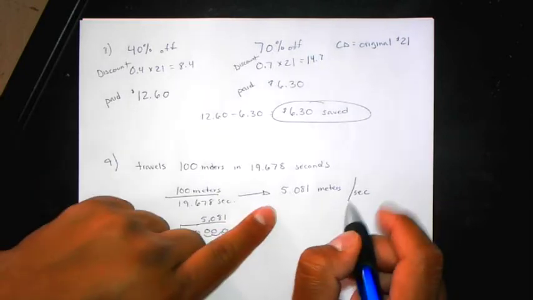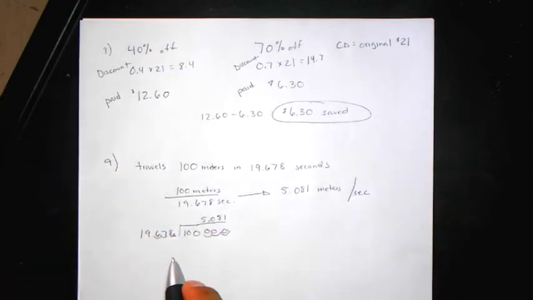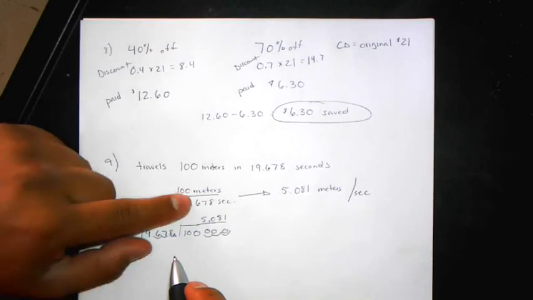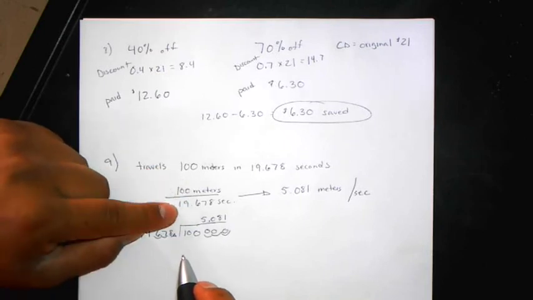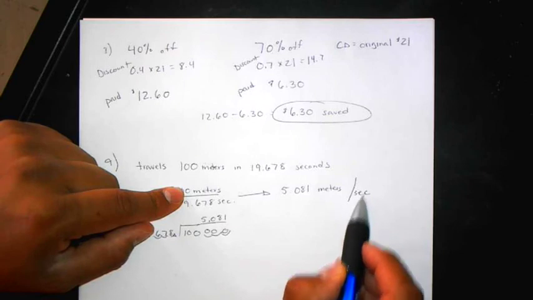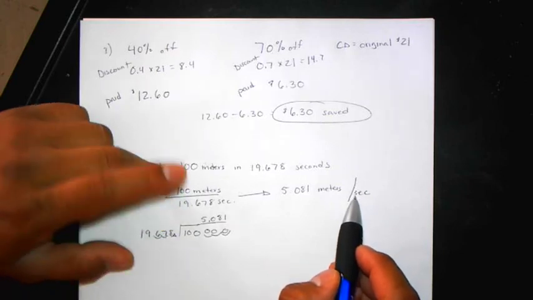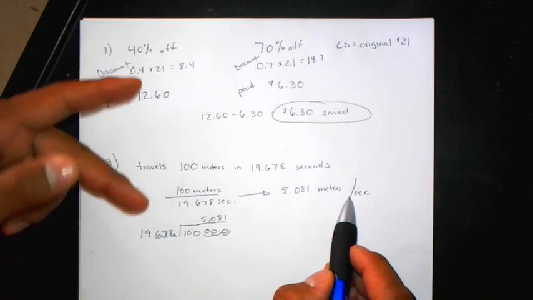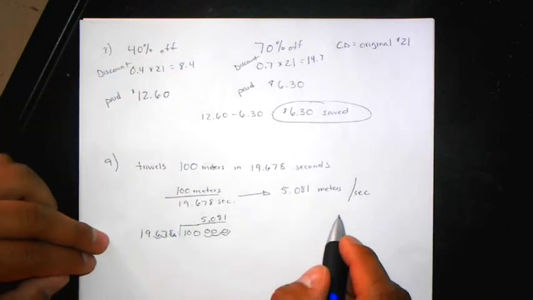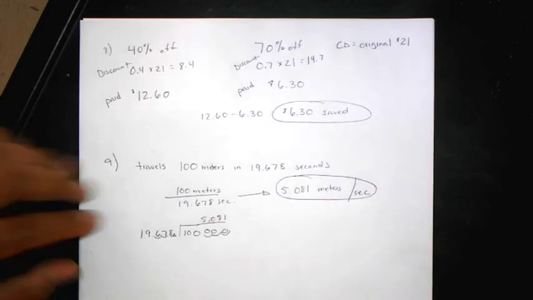Unit rate refers to how much he can do in 1 second or 1 meter, depending on what answer you want. More than likely you're going to have to divide something like this. If you want to find meters per second, you do it this way. If you wanted seconds per meter, you would just flip them around. That's how you solve problem number 9. There is your answer. Thank you very much.